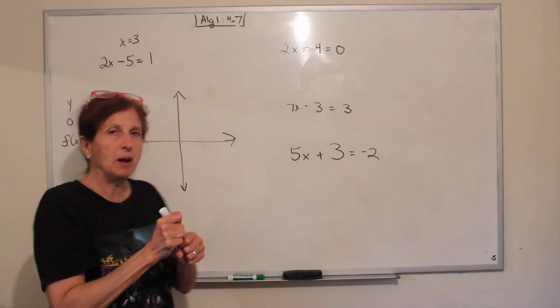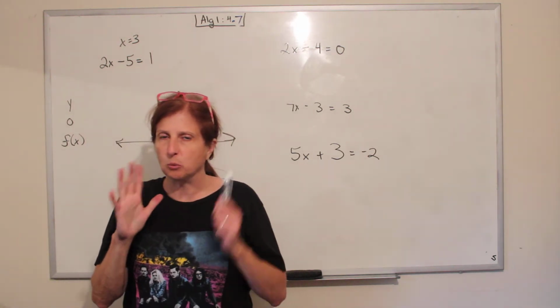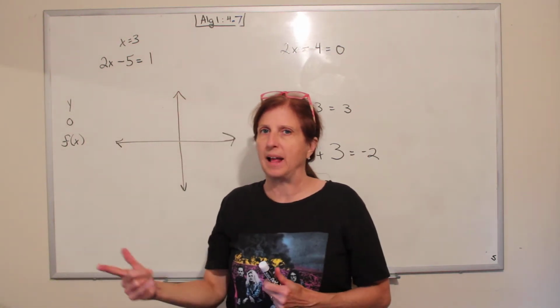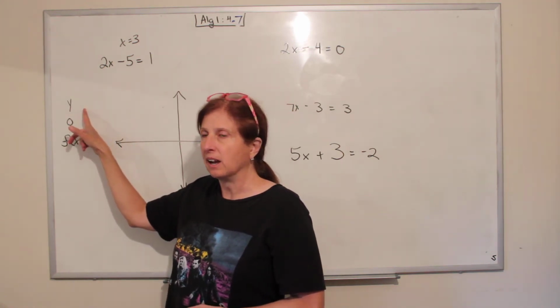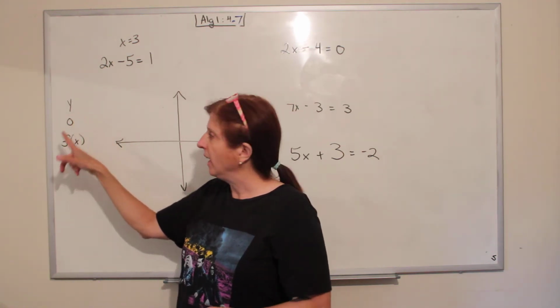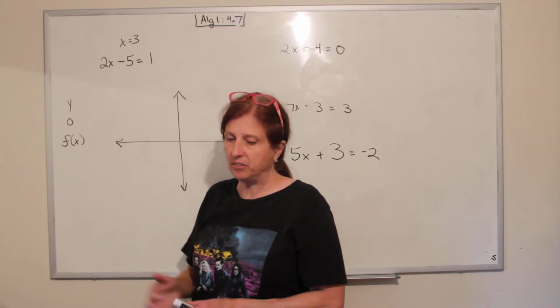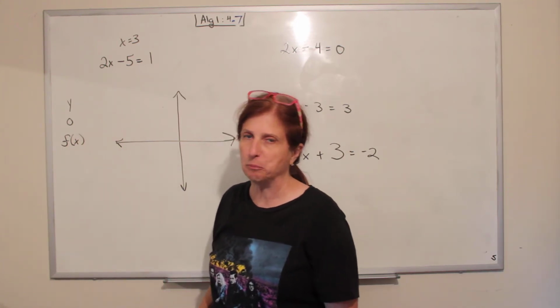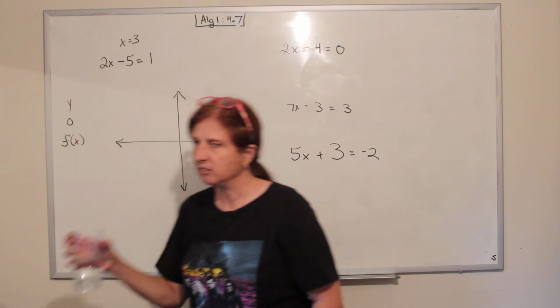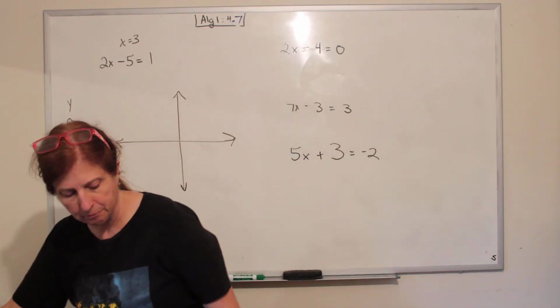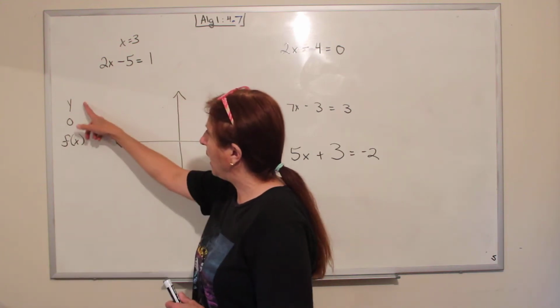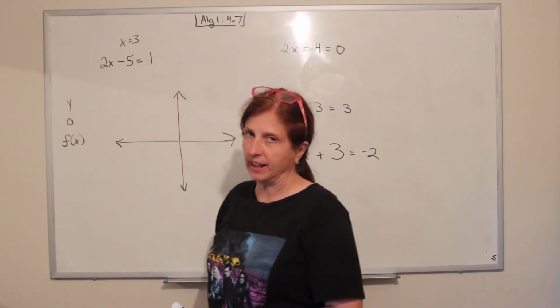Now, this might blow your mind, but it's a weird thing that as you learn more about math, it'll make more sense. In math, y, 0, and this thing that's called f of x are all kind of the same thing. What? It'll make more sense later, I promise. So y can be 0 or f of x.